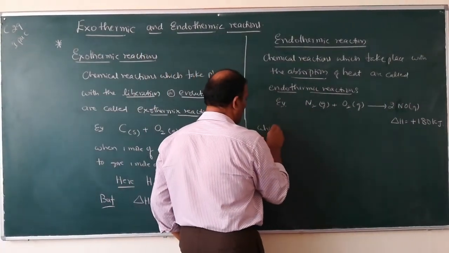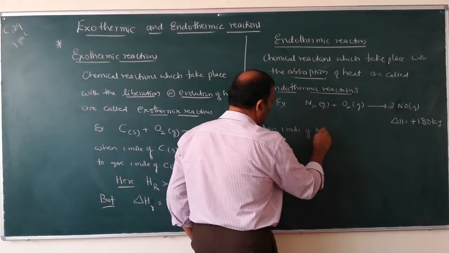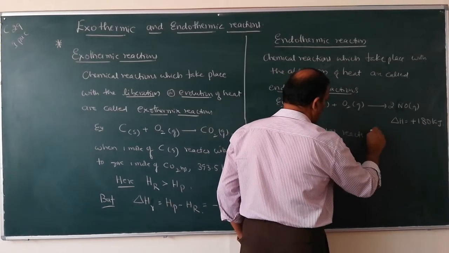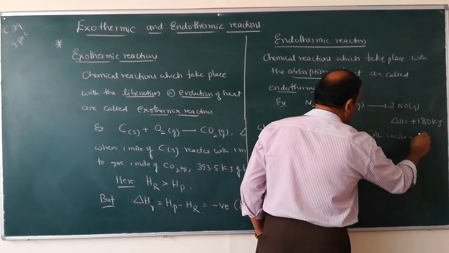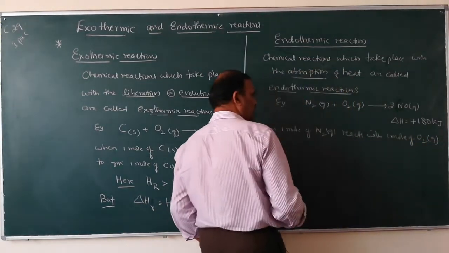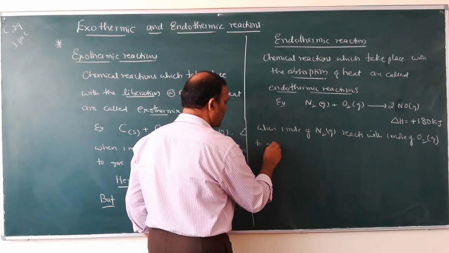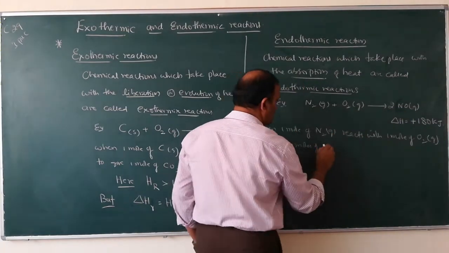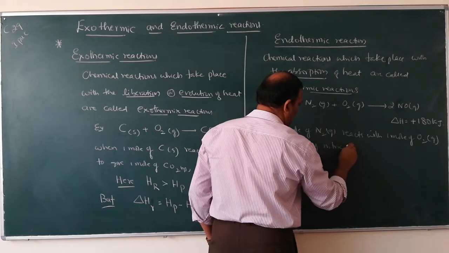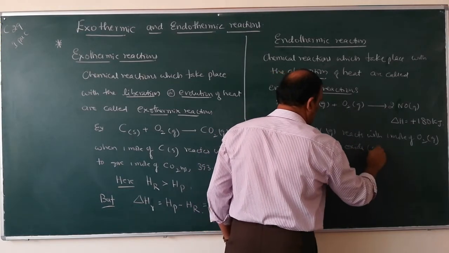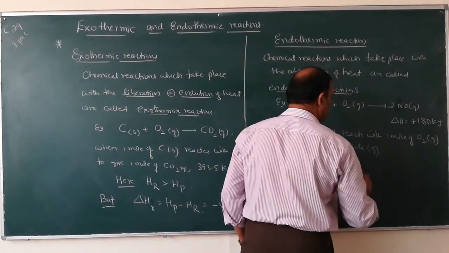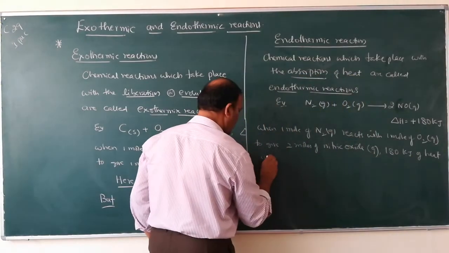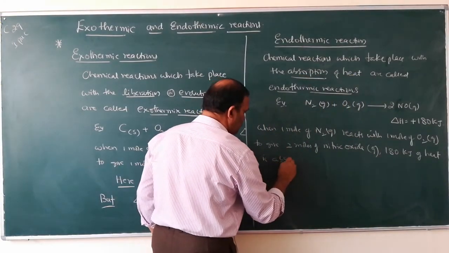When 1 mole of gaseous nitrogen reacts with 1 mole of gaseous oxygen to give 2 moles of gaseous nitric oxide, 180 kilojoules of heat is absorbed.